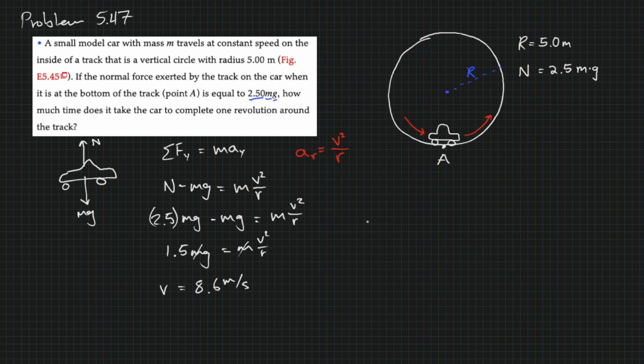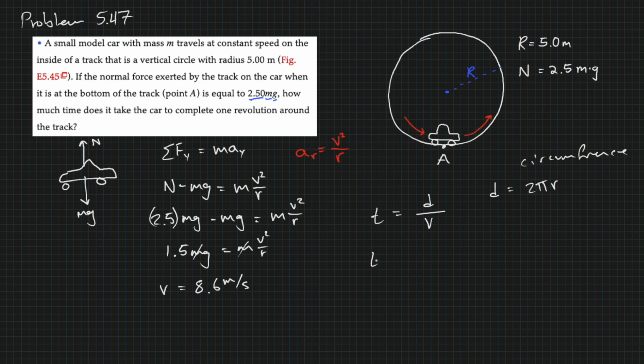So ultimately what I'm trying to do is say that time is equal to the distance traveled divided by velocity. Really simple equation. But this distance, in this case, is going to be the circumference of the circle. And so that's going to be 2 pi times r.